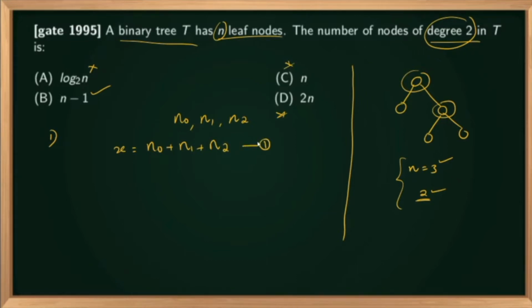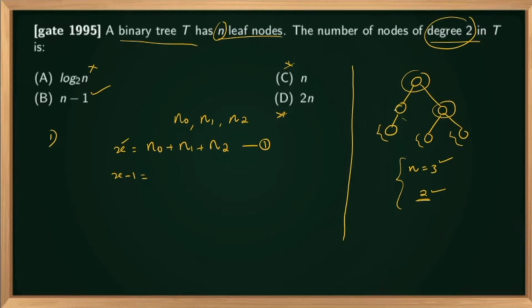We also know that in a tree, if you have x nodes, we will have x minus 1 edges. And degree 0 nodes, if you see here, these 3 have degree 0, so they do not contribute any edges.